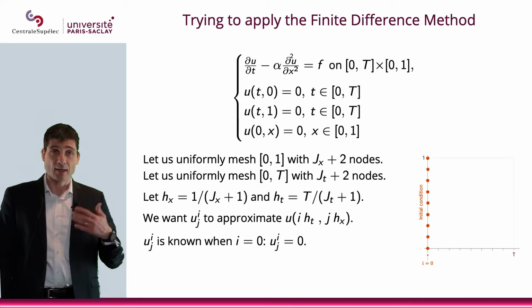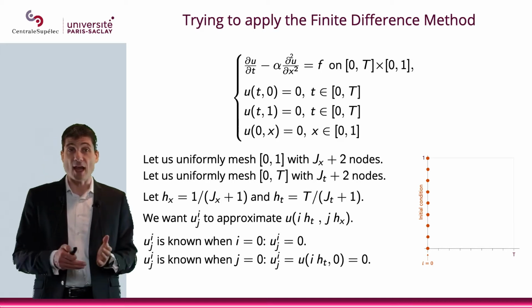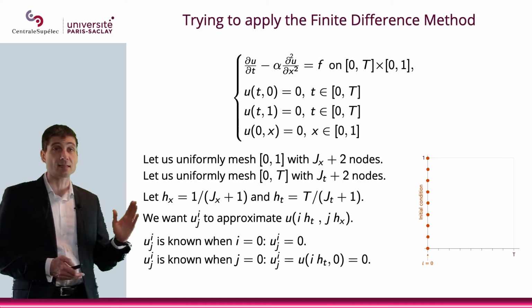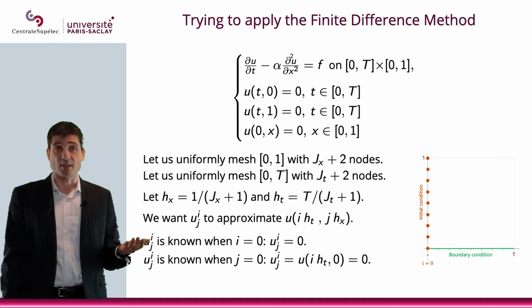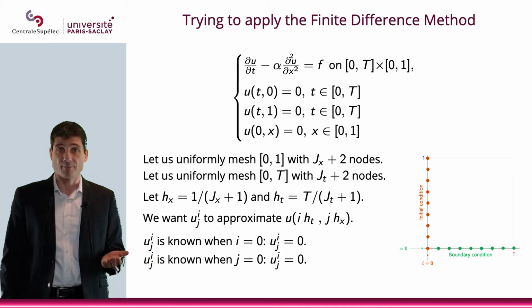All right. Now, we also know u_j^i if j is equal to 0, right? Because in this case, what you have is the boundary condition u(t,0) is equal to 0. So you have u_j^i equal to 0 in this case.